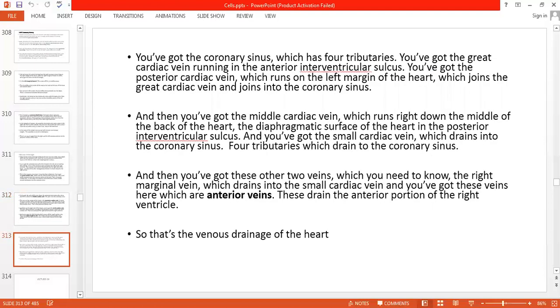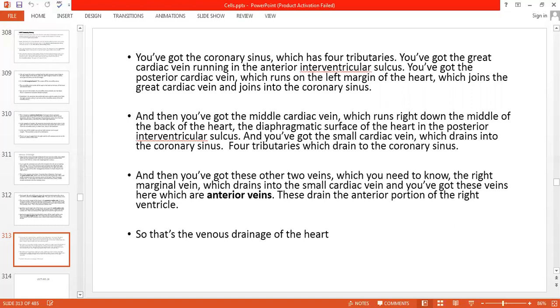You have the coronary sinus, which has 4 tributaries. You have the great cardiac vein running in the anterior interventricular surface. You have the posterior cardiac vein, which runs on the left margin of the heart, joins the great cardiac vein and joins the coronary sinus. Then you have the middle cardiac vein, which runs right down the middle of the back of the heart, the diaphragmatic surface, in the posterior interventricular sulcus.